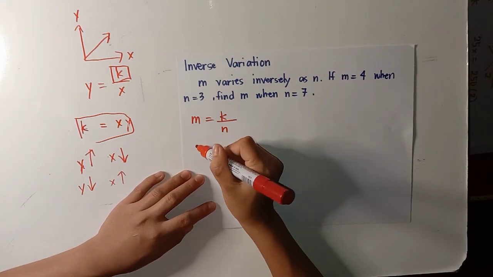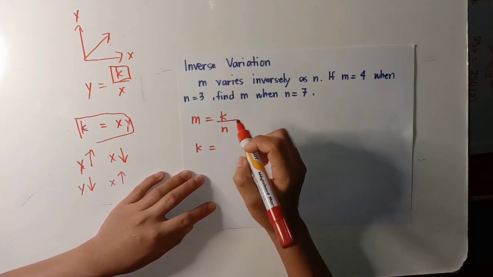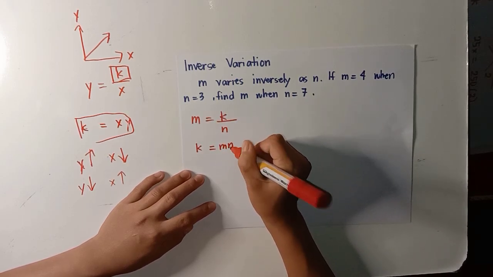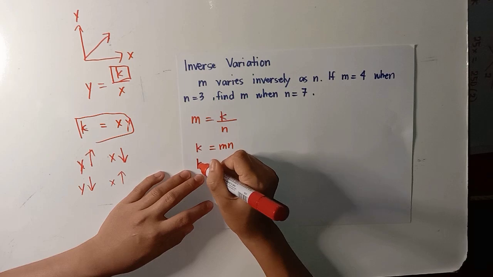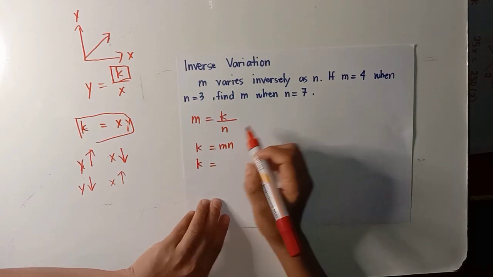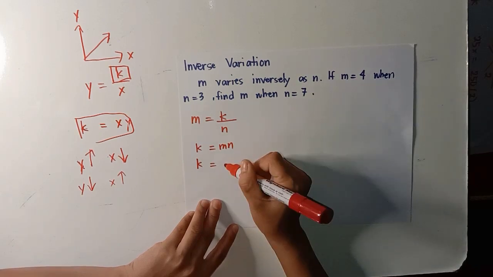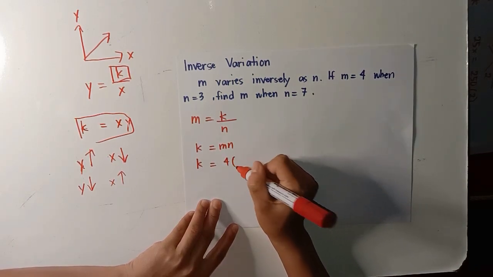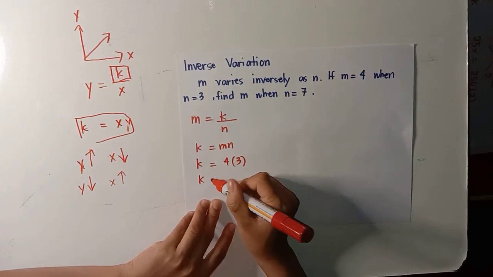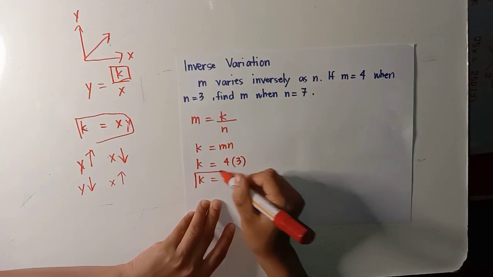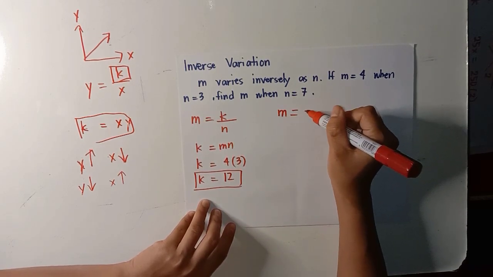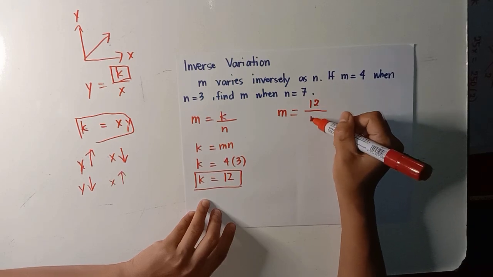In order to get the k, we will just multiply m times n. K equals m is 4 times n is 3. K is equal to 12. So our new equation is m equals 12 over n.